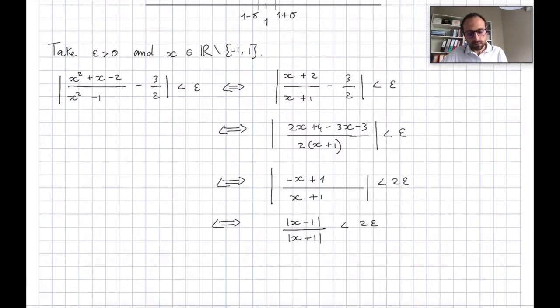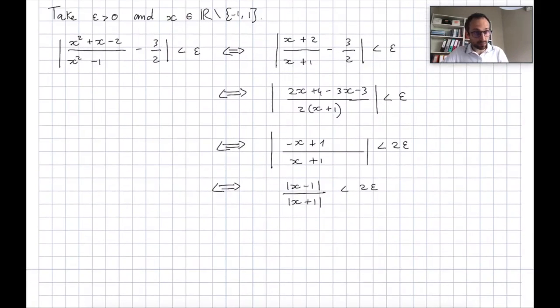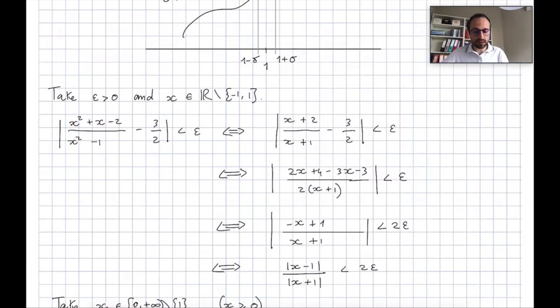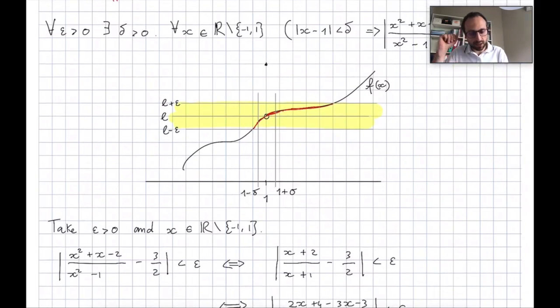But it's enough to observe the following. Suppose that we take x in [0, +infinity) minus {1}. In other words, we suppose that x is non-negative. We can do this because the game here is to take the limit at 1, so certainly we can suppose that x is in this region here.